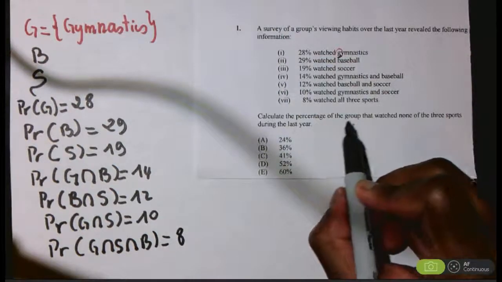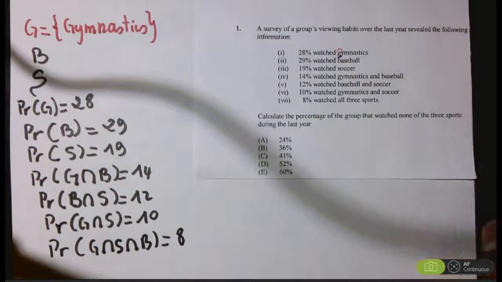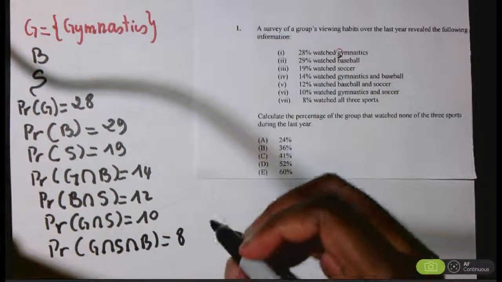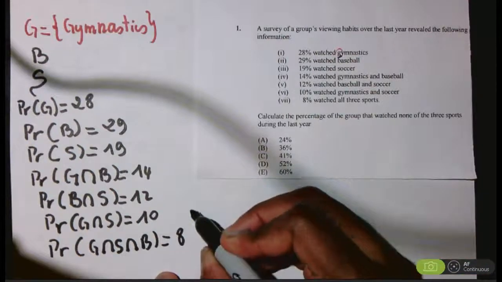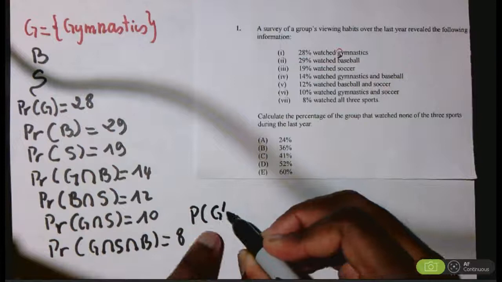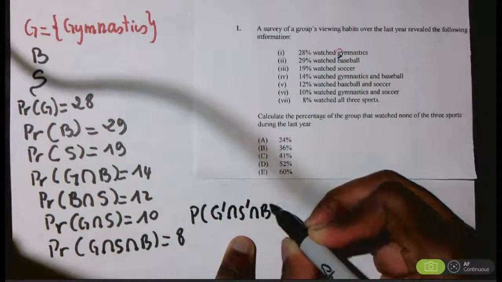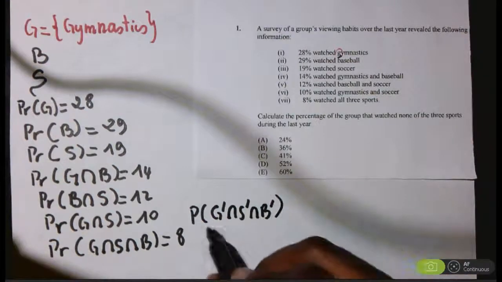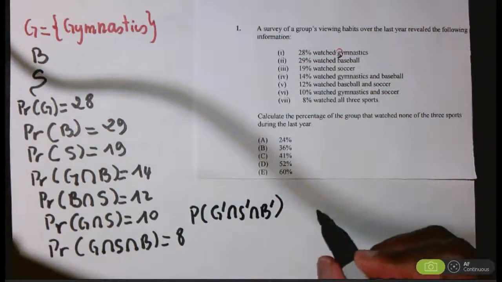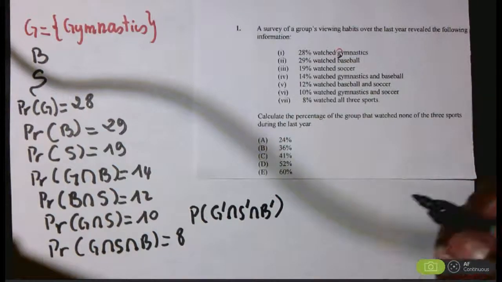They say calculate the percentage of the group that watches none of the three sports. So the probability of watching none of the three sports, that is, not gymnastics and not soccer and not baseball, can be rewritten in terms of its complement.